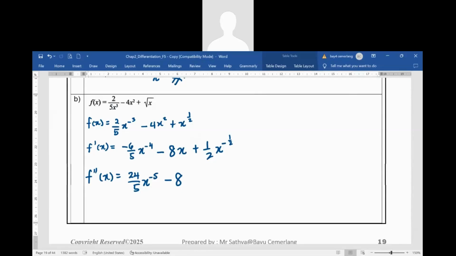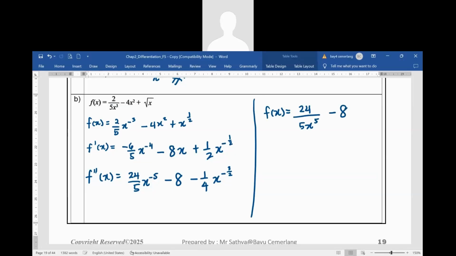Okay. And then this negative half multiply by half. You should be getting negative 1 over 4x. Negative 1 over 2 minus 1 is negative 3 over 2. So your overall final answer should be 24 over 5x5 minus 8 minus 1 over 4 x power 3 over 2.